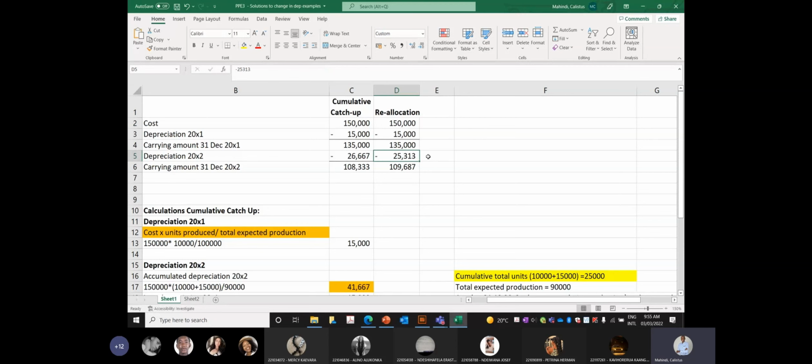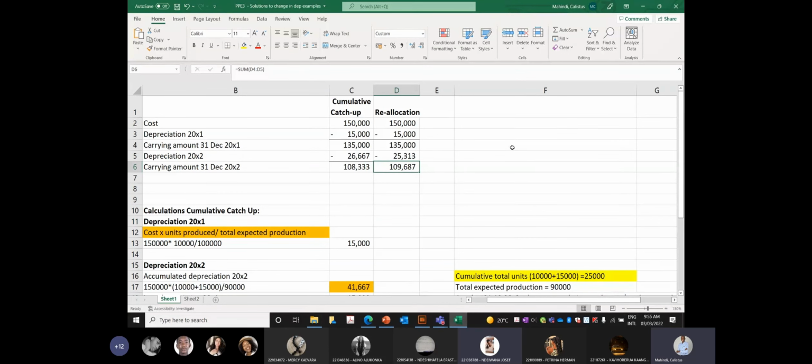So the carrying amount at 31 December 20X2 is just the carrying amount at the beginning of 20X2, which is 135,000, minus depreciation for the current year, which is 25,313. Then we arrive at an amount of 109,687. That's the carrying amount at 31 December 20X2.